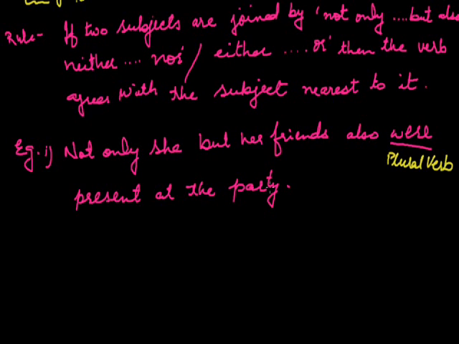What I told you: if the two subjects are joined by not only but also, then the verb agrees with the subject nearest to it, and the subject nearest is her friends. This is a plural subject.